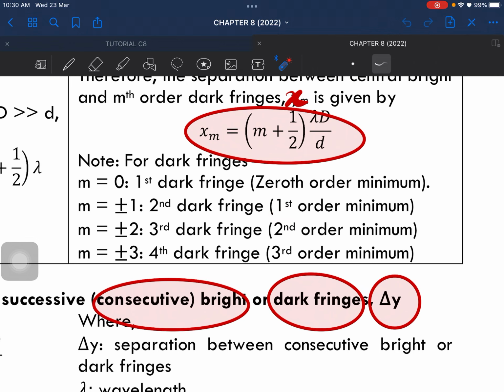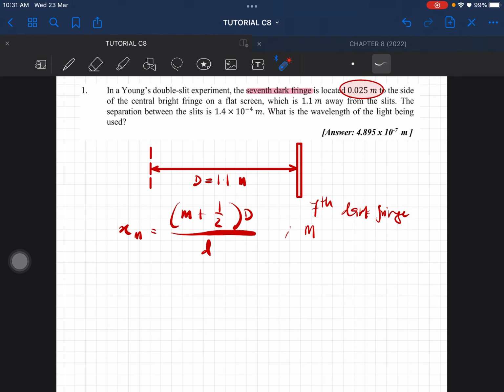So if we have the seventh dark fringe, our order is not going to be 7, it's going to be 7 minus 1, which is 6, because it considers m equal to 0 as the first dark fringe. It is not when m equal to plus minus 1 that it is the first dark fringe. So m equal to 0 is the first dark fringe, meaning that at the seventh dark fringe, the order number is going to be 6.